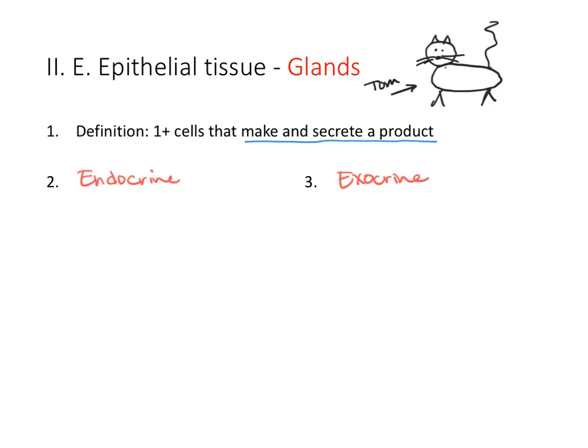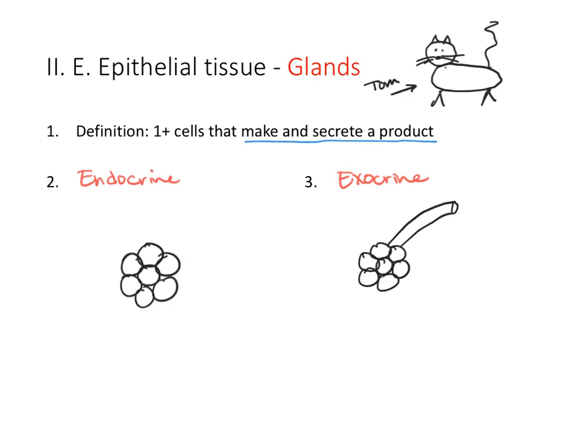So I always like to do this by maybe drawing a little bit of a picture here. And so we're going to do multicellular glands here. And if I started off here, you might not be able to tell the difference between an endocrine and an exocrine gland until I add this structure to my exocrine gland. And that is going to be a duct, D-U-C-T, not D-U-C-K.